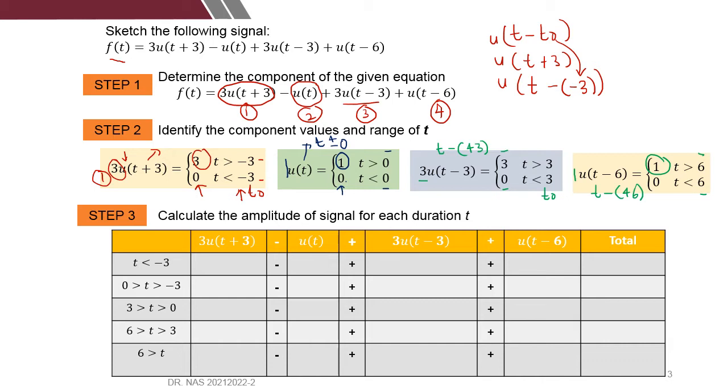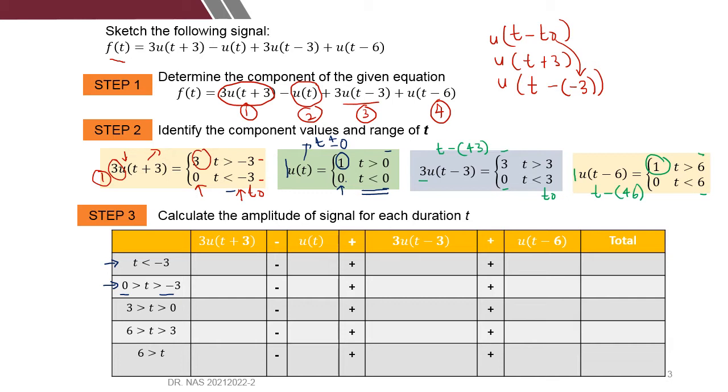Okay, the next step is to calculate the amplitude of the signal for each duration of t. How to determine the duration? You look at the first component. The lowest point is t less than minus 3, and then moving upward, t is larger than minus 3 but lower than the next component's lowest point, which is t less than 0.